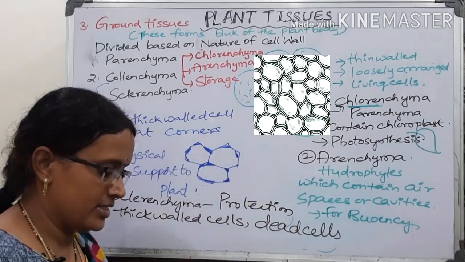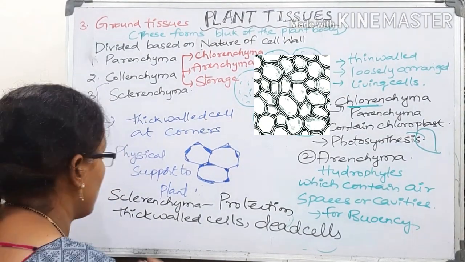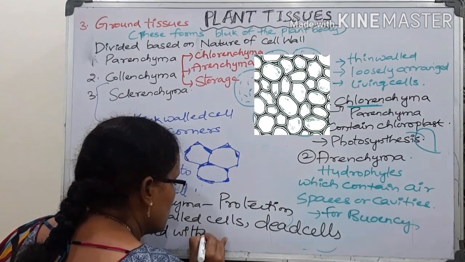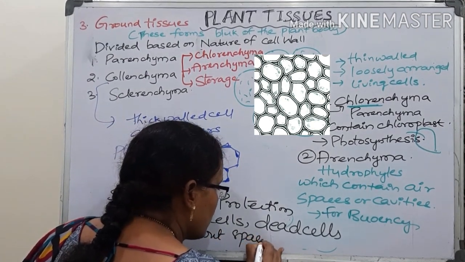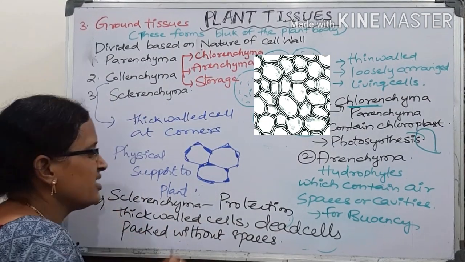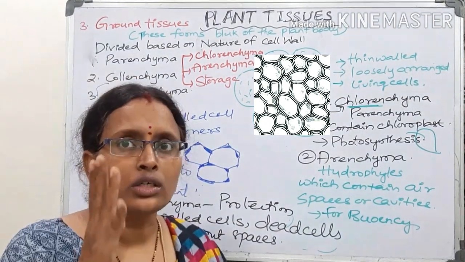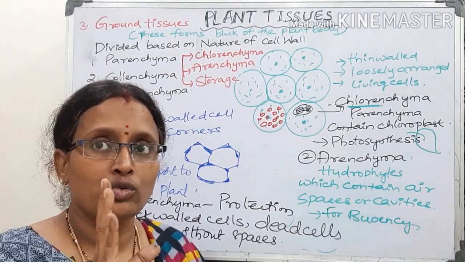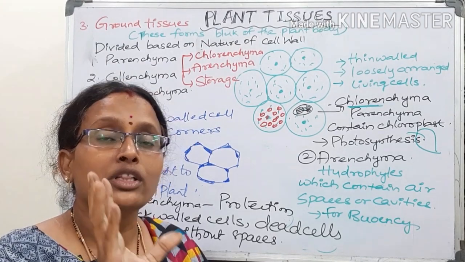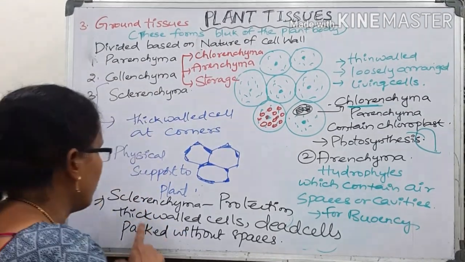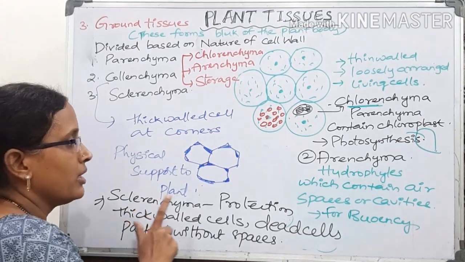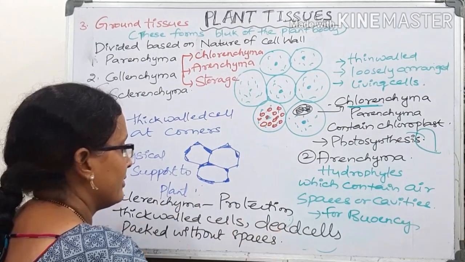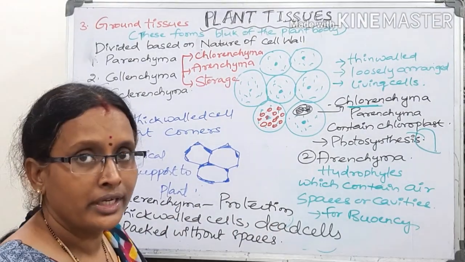They are dead cells, packed without spaces. If they are loosely arranged, there is no protection. If they want to protect the plant, they must be arranged in a thick layer, they must have thick walls, and they should be without gaps. That happens with sclerenchyma. Sclerenchyma is also for protection. They are all thick walled dead cells, packed very closely.